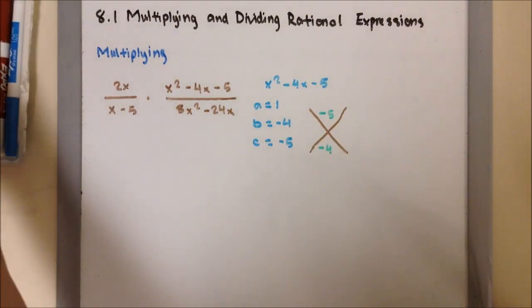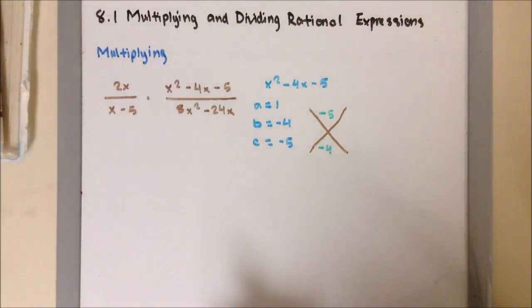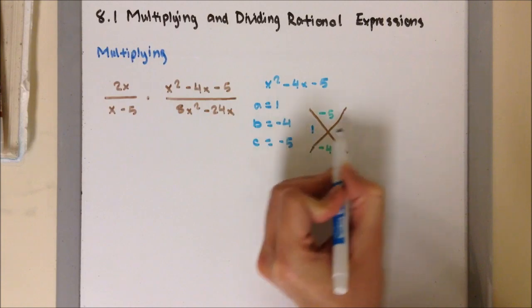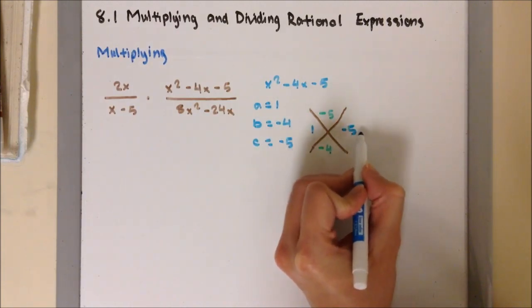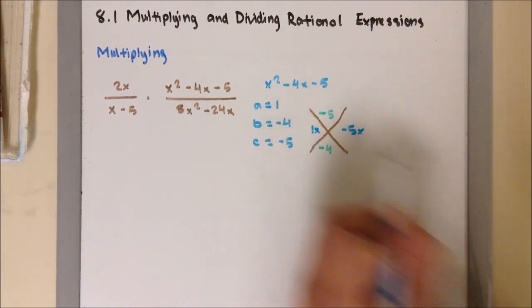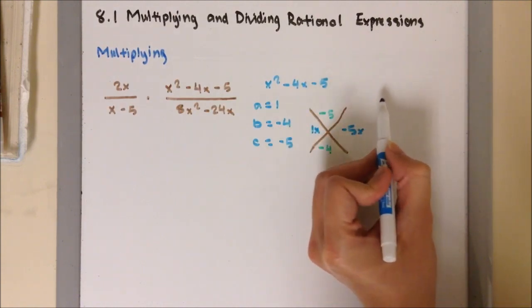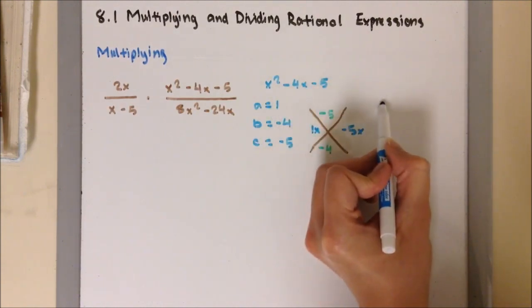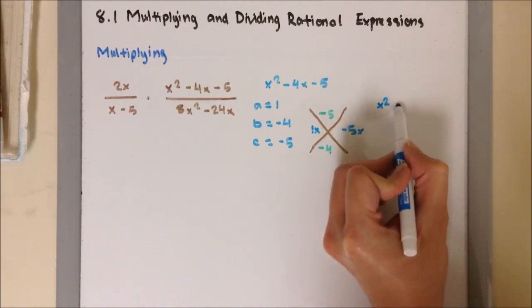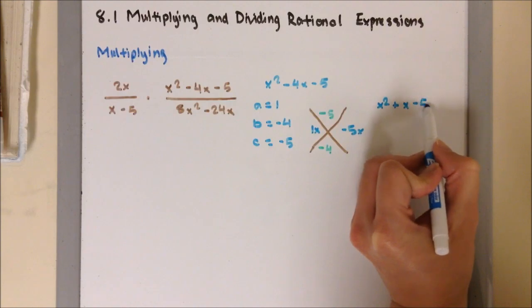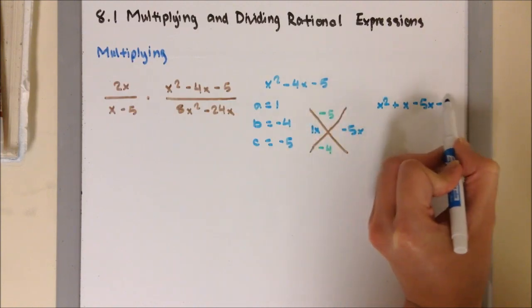The only factors you can think of for negative 5 whose sum is negative 4 would be positive 1 and negative 5. So it's going to be negative 5x and 1x. When I set up my factor by grouping, it will be x squared plus x, because of 1x, minus 5x, minus 5.